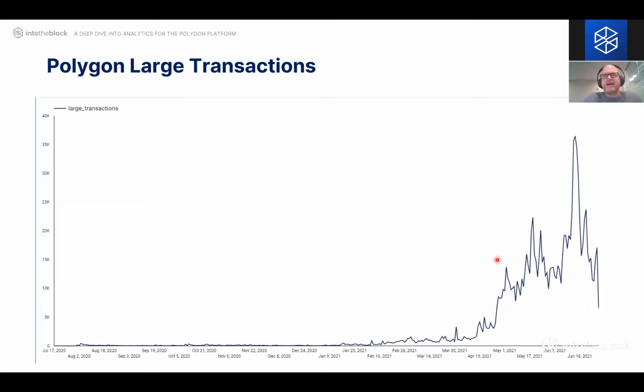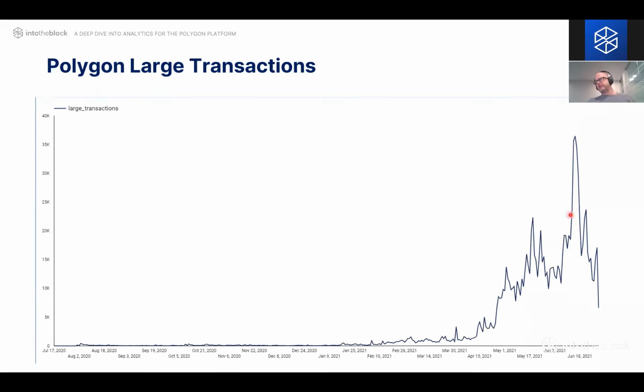And you can see that one of the myths about the Polygon blockchain is that it was only for small transactions. And that was sort of true. I mean, let's look at these numbers in January through March this year. The number of transactions above that 100 ETH mark was very small, but look at the numbers now. I mean, it has completely skyrocketed.